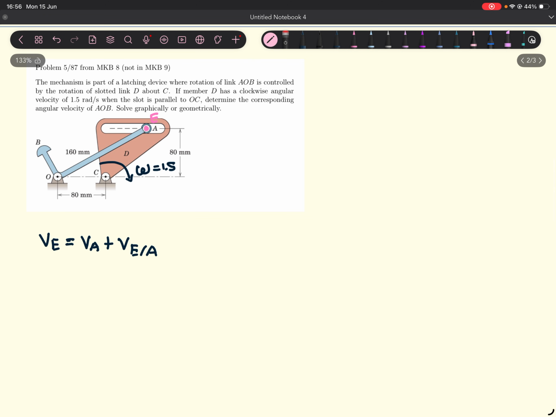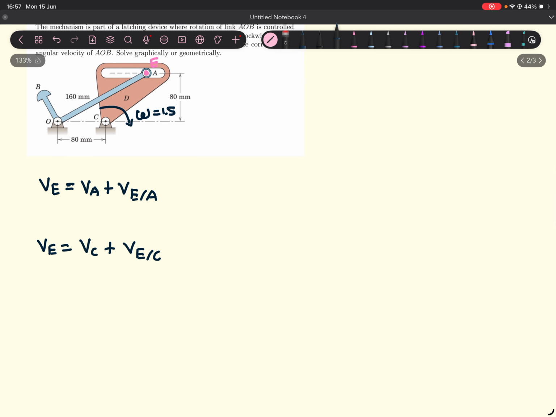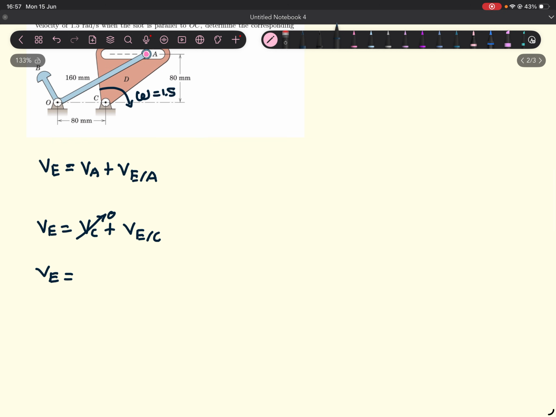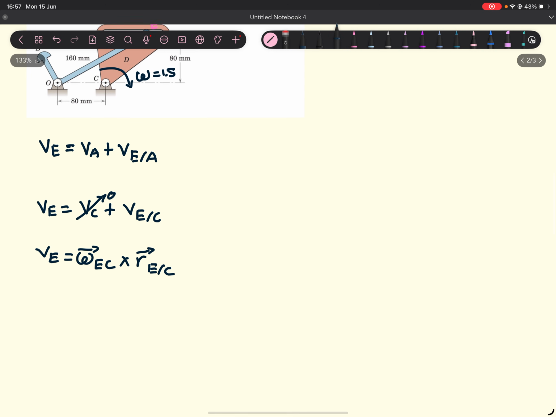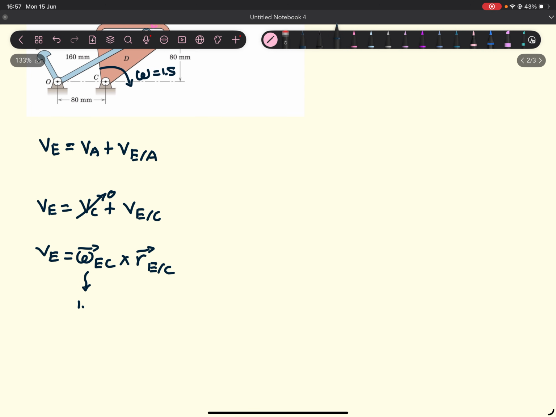So we can get the velocity of E pretty easily. We can say that VE is equal to VC plus VE relative to C. We know that VC is 0, so VE is equal to omega EC, which does exist in this case, crossed with R E relative to C. Right, and this has a value of 1.5 in the K direction, right?